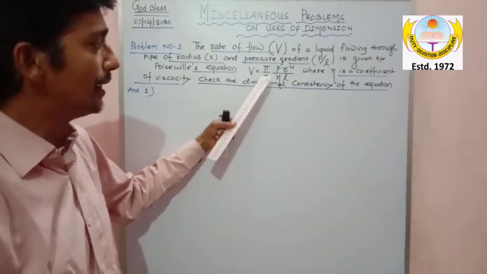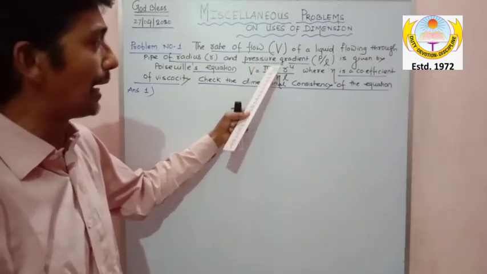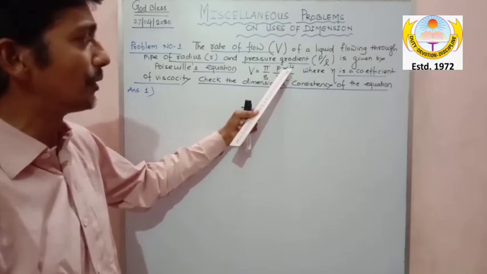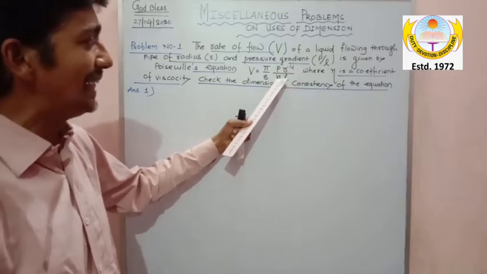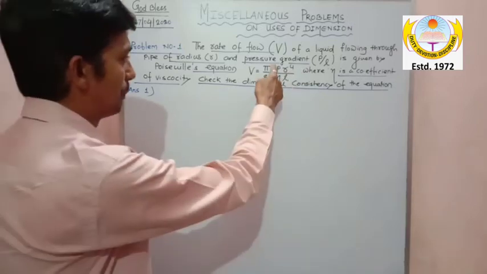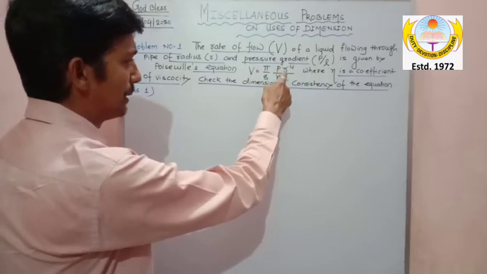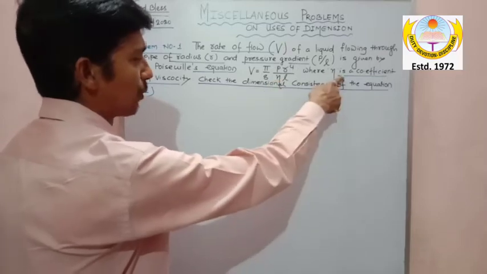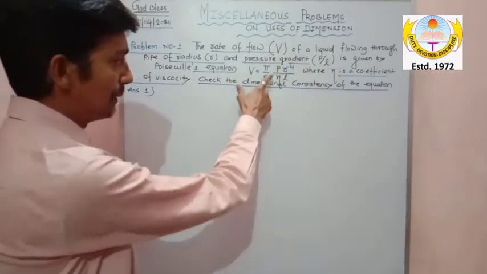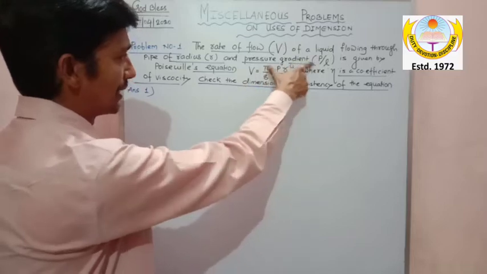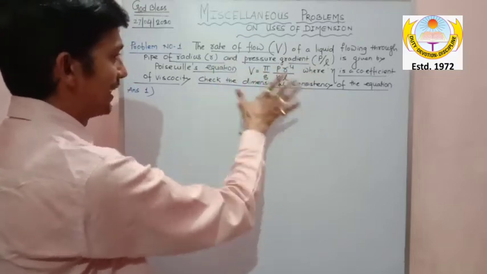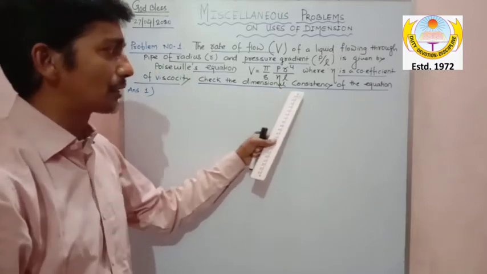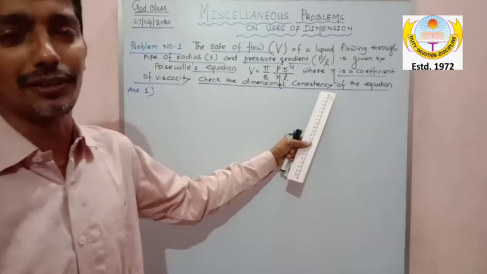V is pi divided by 8, where pi is a number and 8 is also a number, multiplied by P into R power 4 divided by eta into L. You can see here P by L is the pressure gradient, R is the radius, and eta is the coefficient of viscosity. What is the question? Check the dimensional consistency of the equation.